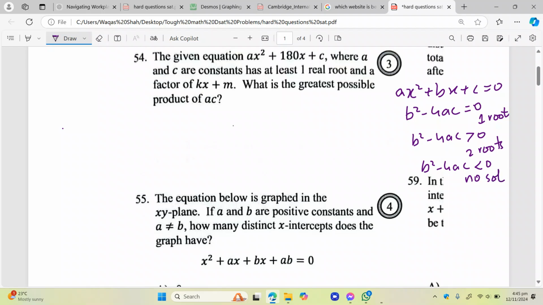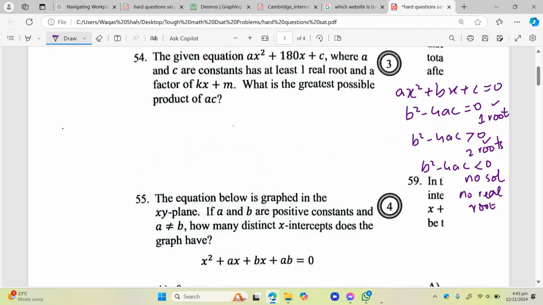So now they are saying at least one real root. So when we talk about one root, this is one real root in this situation, and here two real roots, and no solution means no real root. We can also write that no real root means the solution will be an imaginary number.